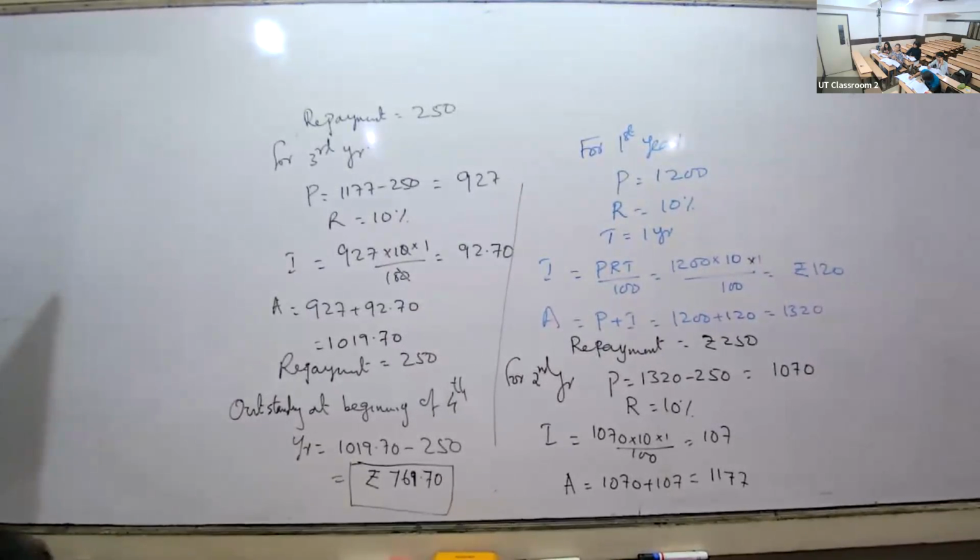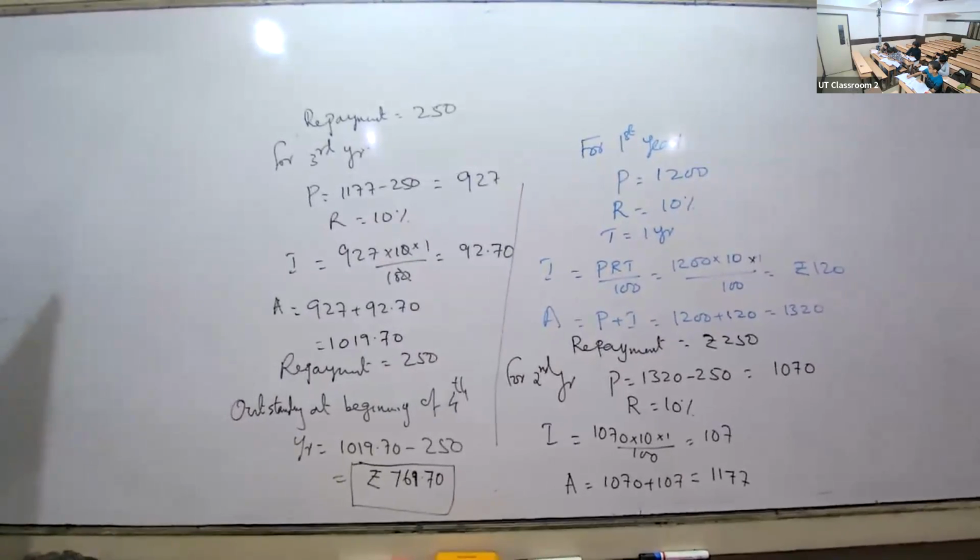Yes or no? Yes. Therefore, amount is equal to principal plus I, 75,000 plus 11,250, which is 86,250.